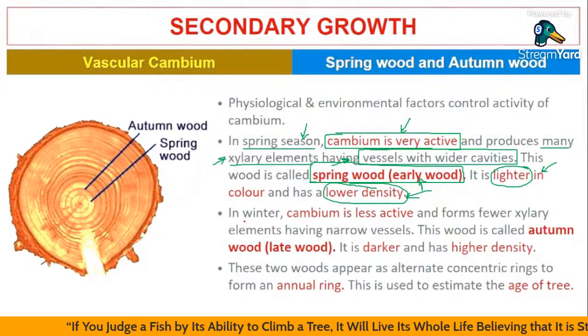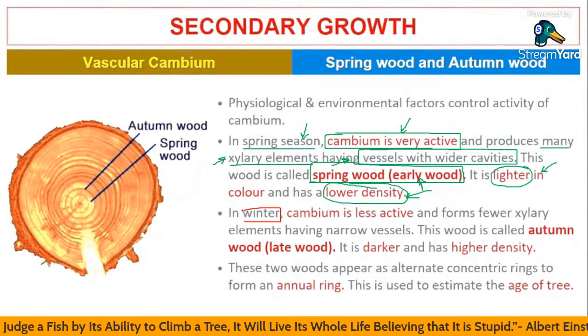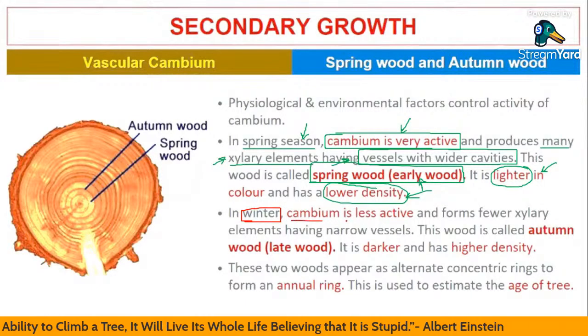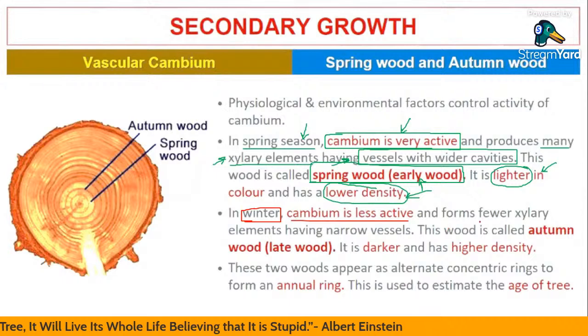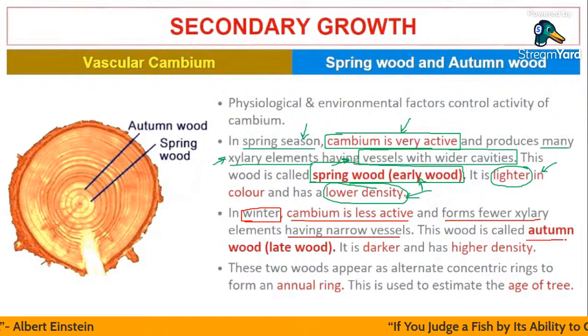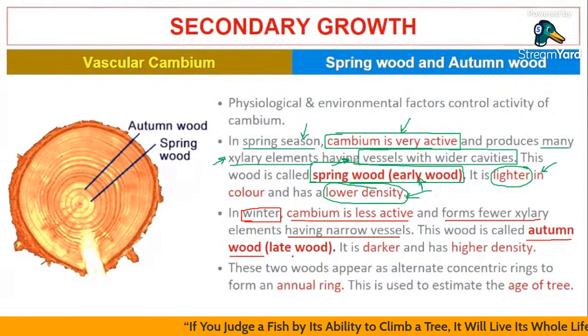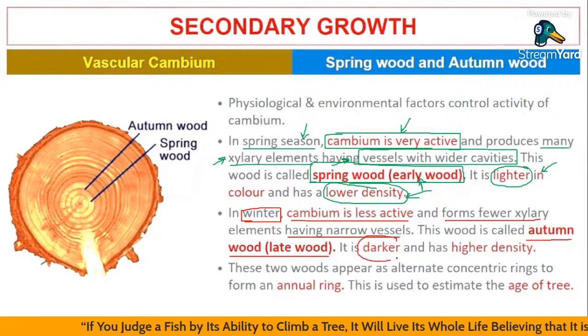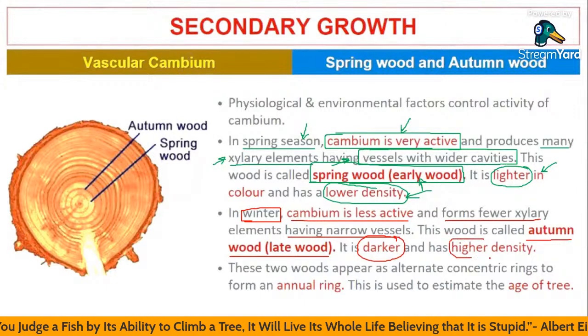Coming to the winter season, when we enter the winter season, you will find the cambium is less active and forms fewer xylem elements having narrow vessels. This is not called winter wood, it is called late wood or autumn wood, which is darker in color and has a higher density.